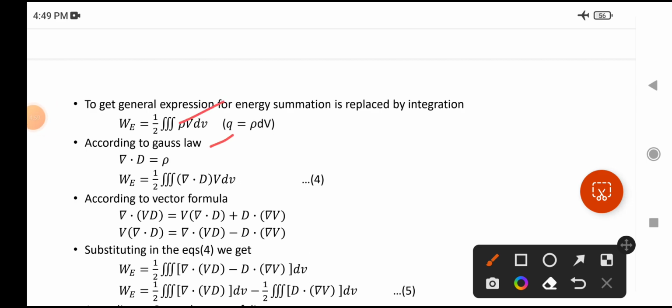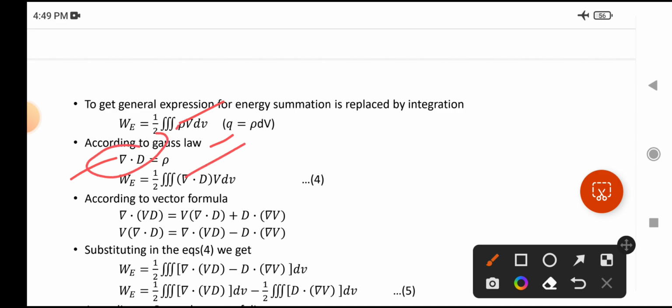According to Gauss law, the differential form of Gauss law is there. Please watch the video, I already uploaded it. The differential form of Gauss law is del dot D equals rho. So in the place of rho we can substitute this.